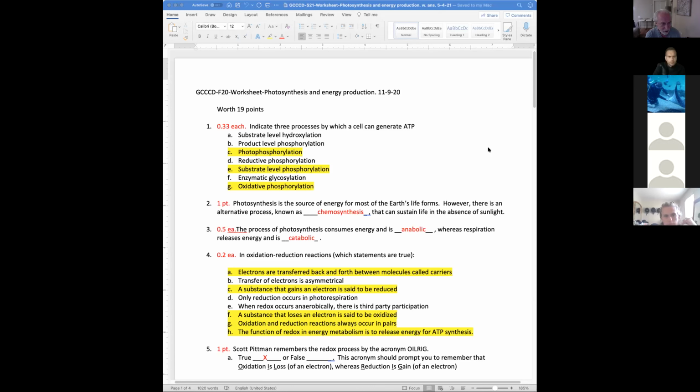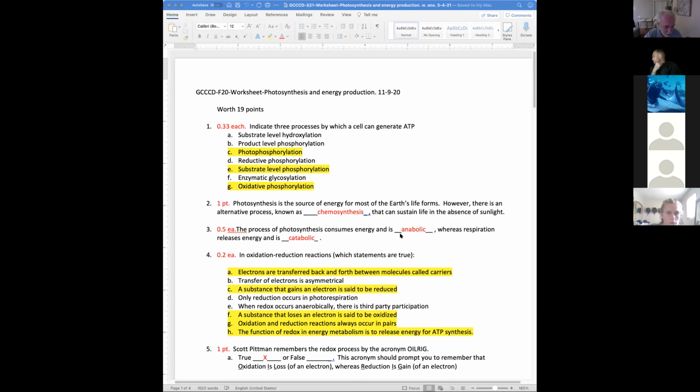Photosynthesis is a source of energy for most life forms. There is an alternative, and that is chemosynthesis. And most of you got that right. Now, the next one, I had a preferred answer. There's another answer that many of you chose that is also not incorrect. What I was looking for is that photosynthesis consumes energy and is anabolic, whereas respiration releases energy and is catabolic.